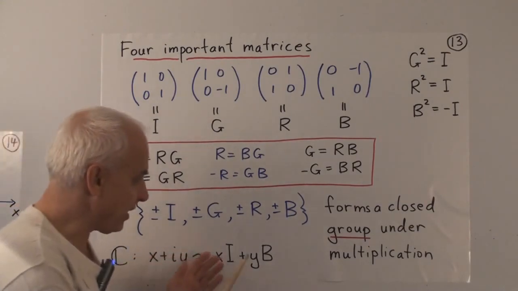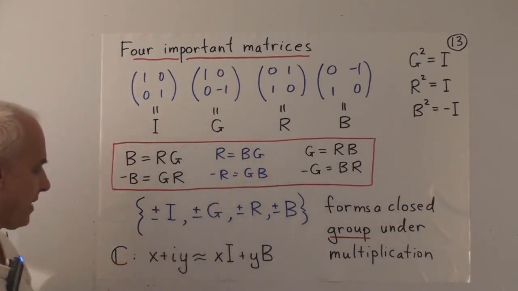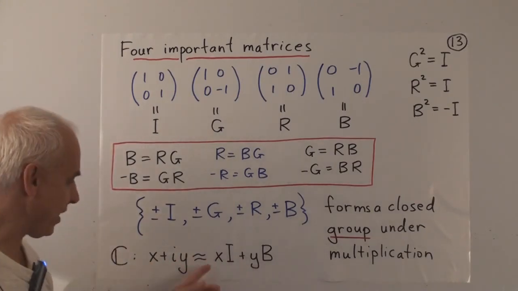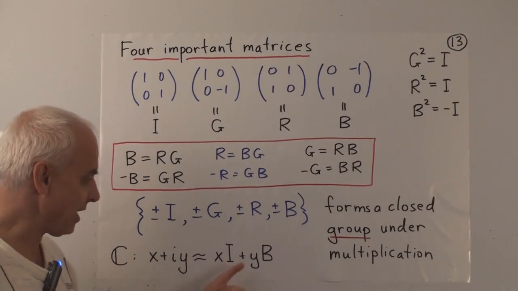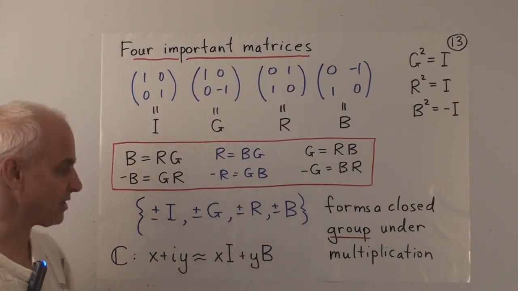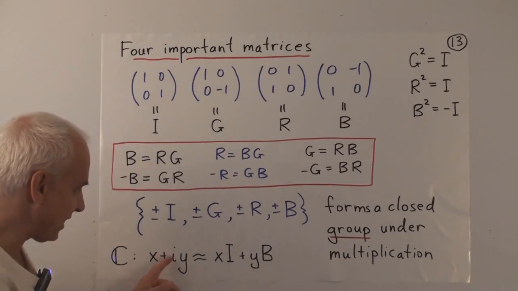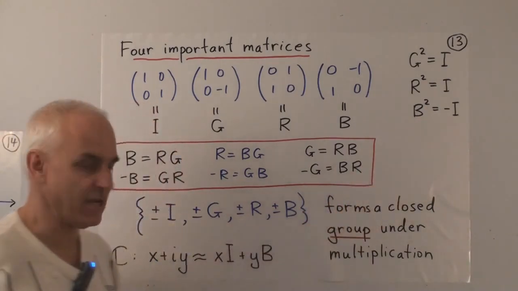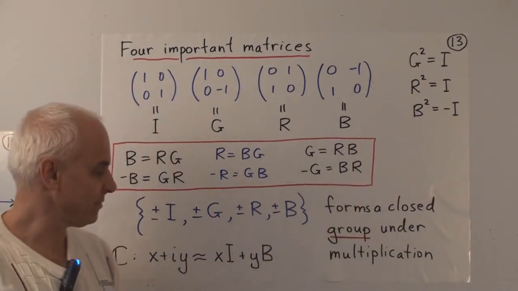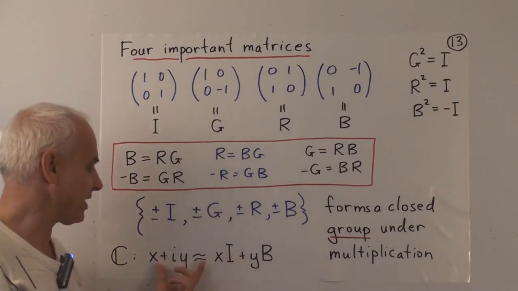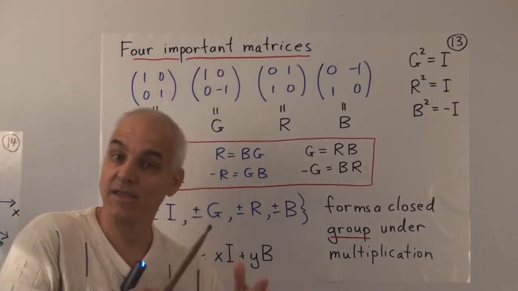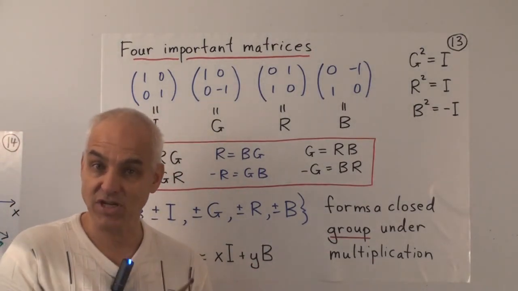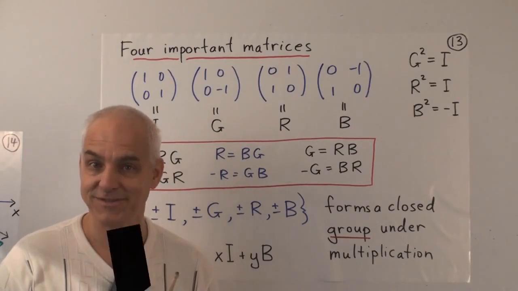But now we can connect that x plus iy complex number with the matrix x times I plus y times B, where this I is the identity matrix. Because this matrix B is acting the same way as this abstract number i is. Its square is minus 1 essentially, because the identity is like 1. So this is a way of thinking about the complex numbers represented inside the arithmetic of 2 by 2 matrices. It's another indication of the richness of our arithmetic of 2 by 2 matrices.